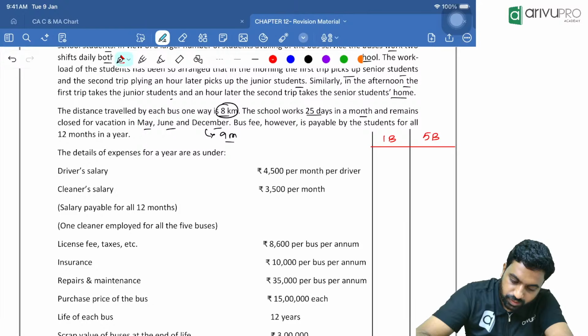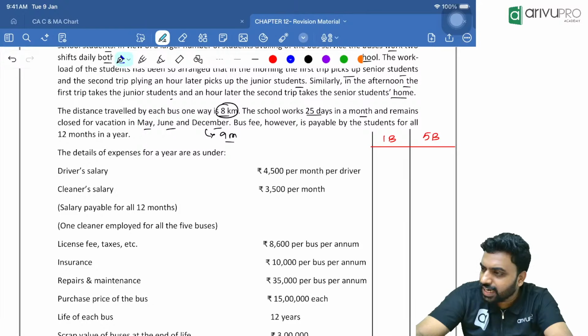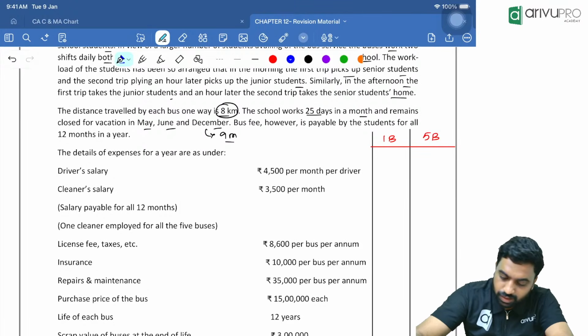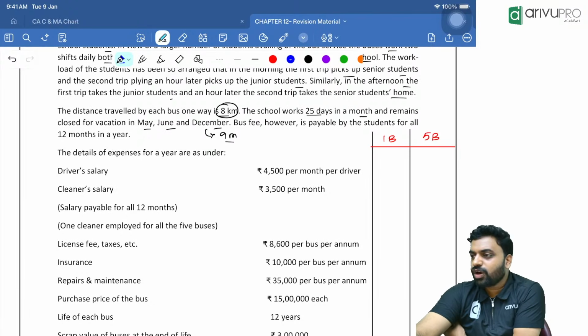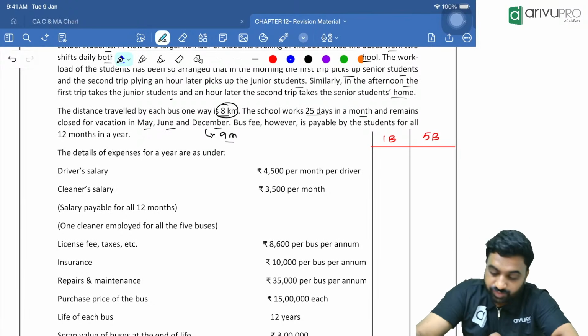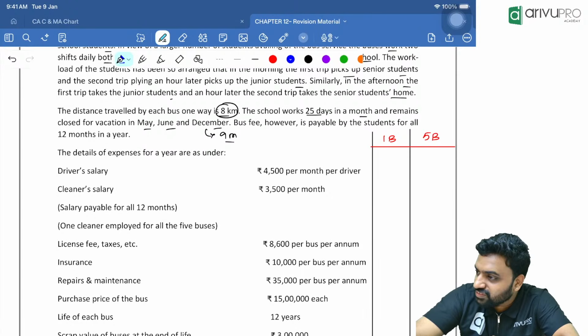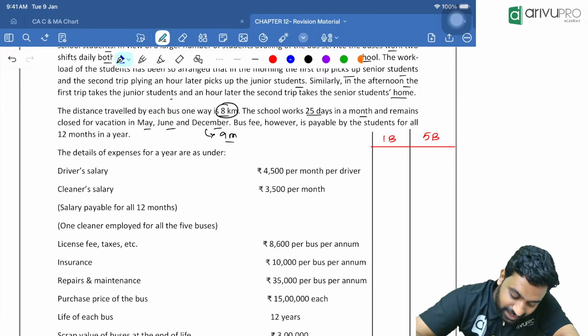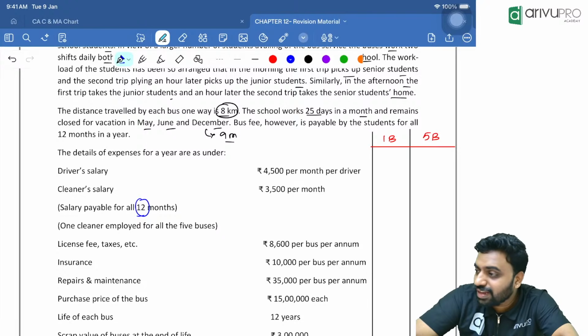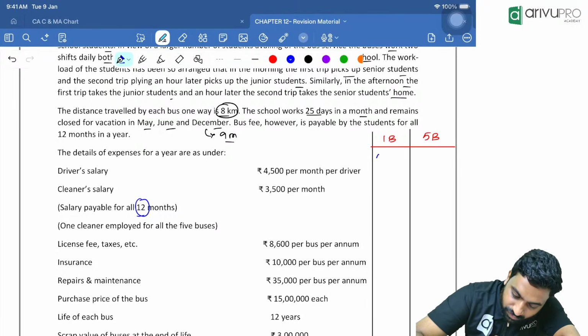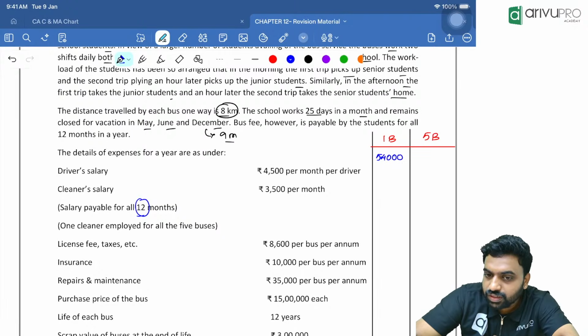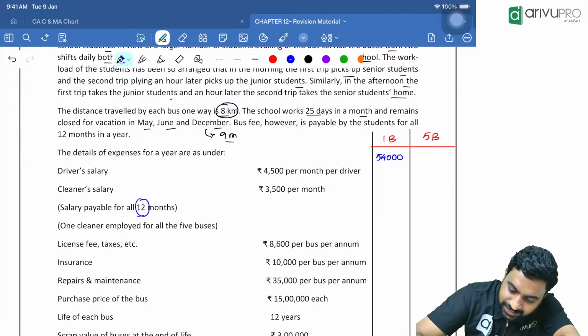I'm not going to divide into standing and all, you can do that. Driver salary, of course, comes under standing charges. 4,500 per month per driver. Guys, one driver can drive how many buses? Awesome. So 4,500 per month to drivers, and salary is payable for 12 months. So 12 into 4,500 is 54,000. That is per bus. For 5 buses it is 2,70,000.